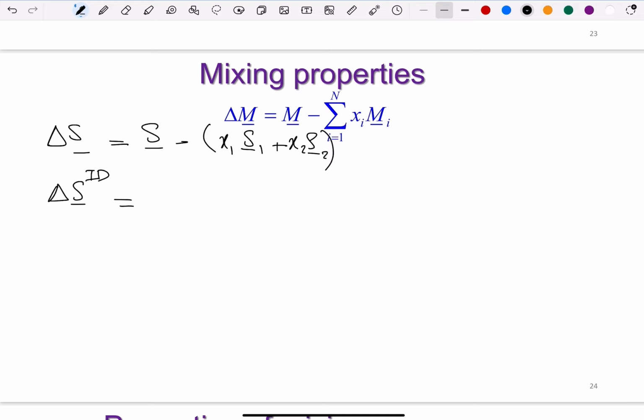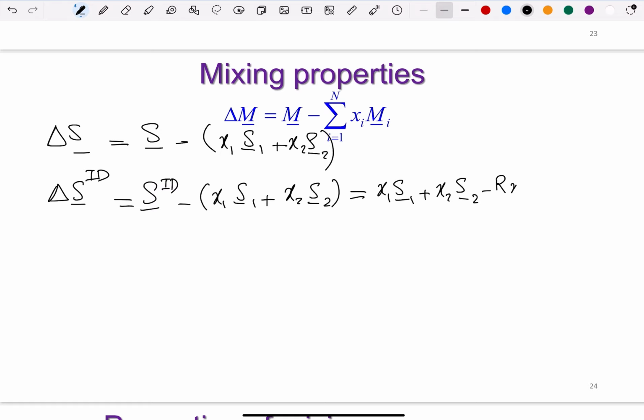So S ideal minus, so S ideal is x1 S1 plus x2 S2 minus R x1 ln x1 minus R x2 ln x2.